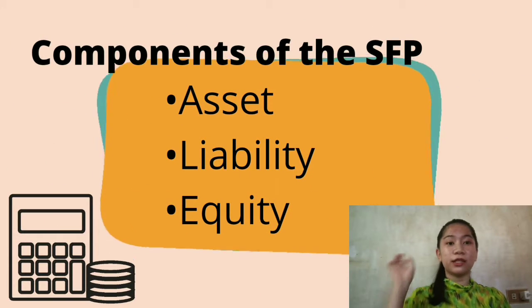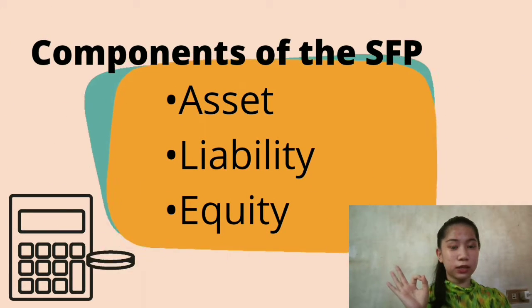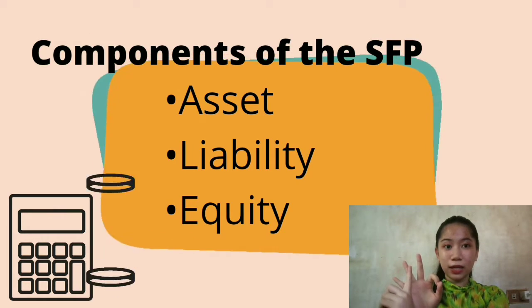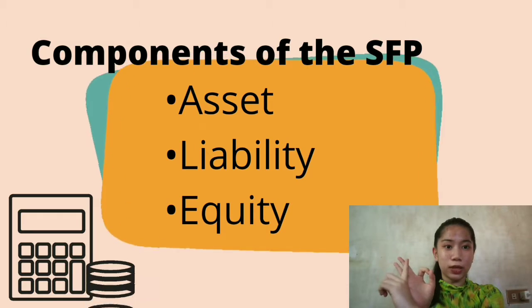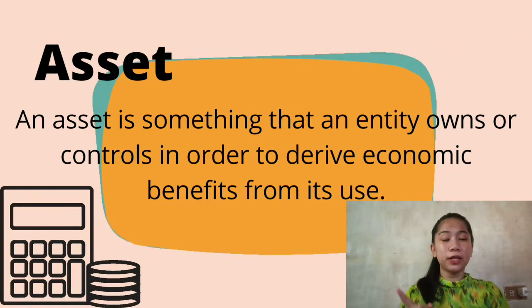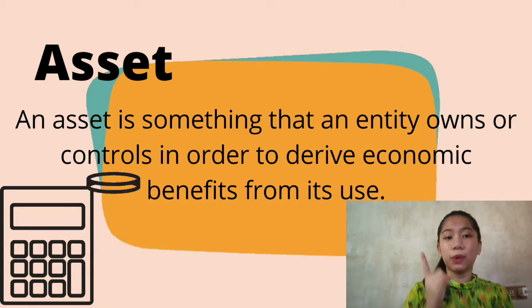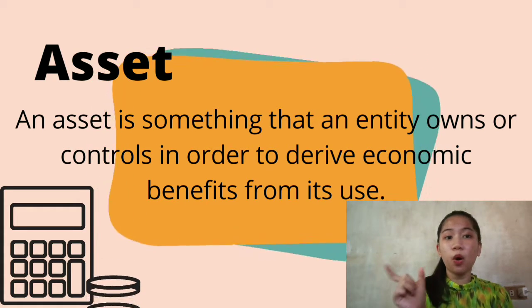The SFP has three major components. The first one is the asset, next is liability, and the last one is the equity. First, let's talk about asset. When we say asset, just remember one thing, the word own.